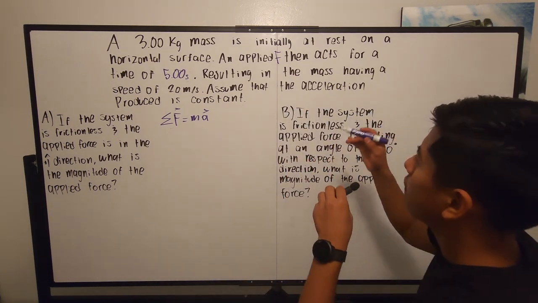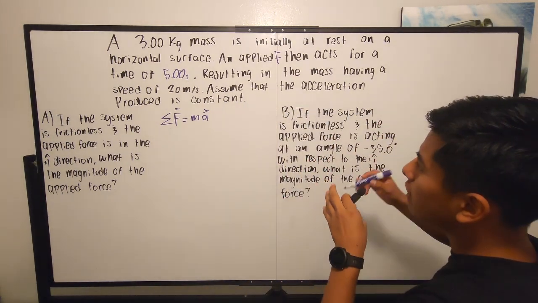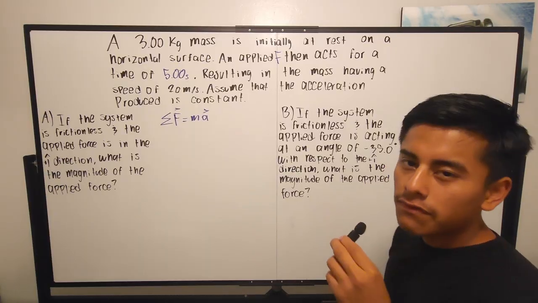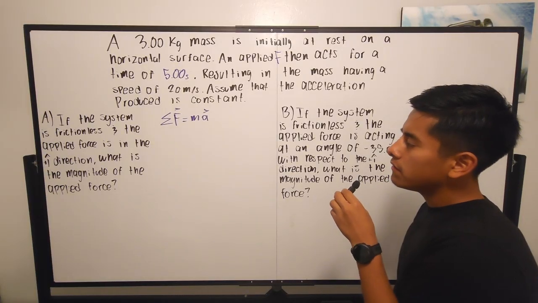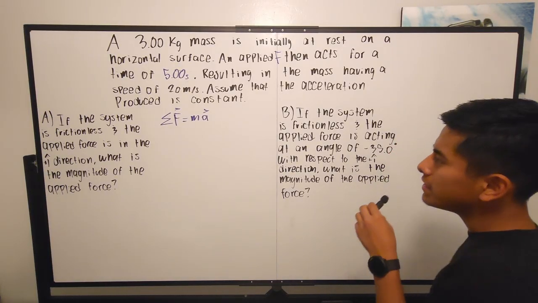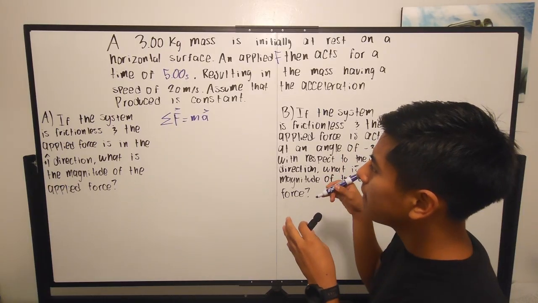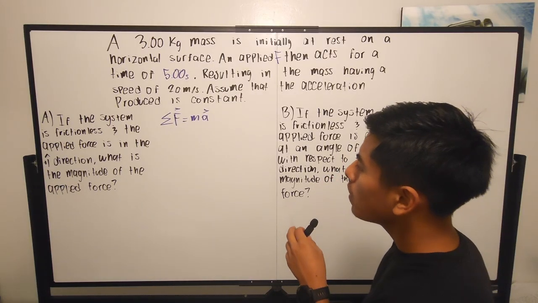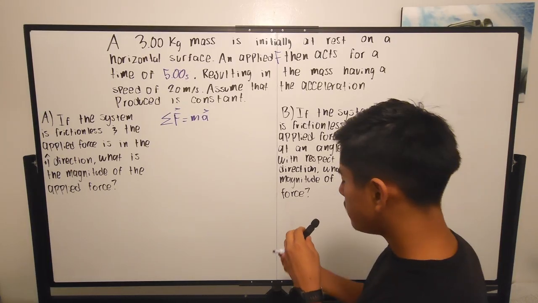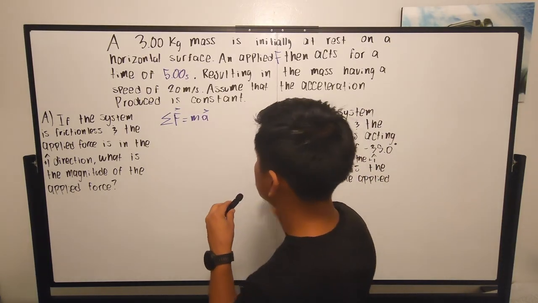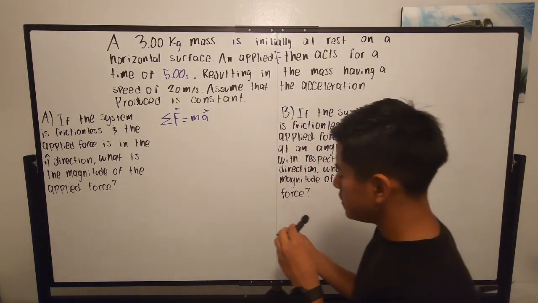Luckily, we have the initial and the final velocities, and we have time, so we can find the average acceleration, which is going to be the same as the constant acceleration in this case. So to get the average acceleration, we have to do the change in velocity over the change in time.